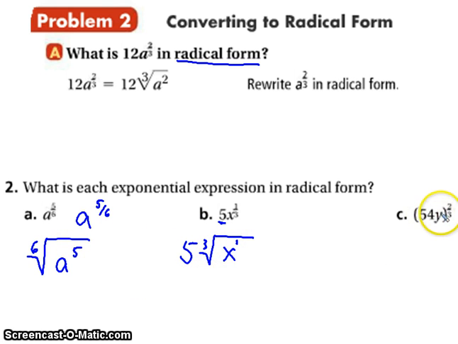I am going to go through this one because there is a process of simplification that we need to do. All right. We don't just want to put this inside the radical because we can actually simplify it. We can break 54 down into 27 times 2. The reason why I picked 27 is because I have a third.